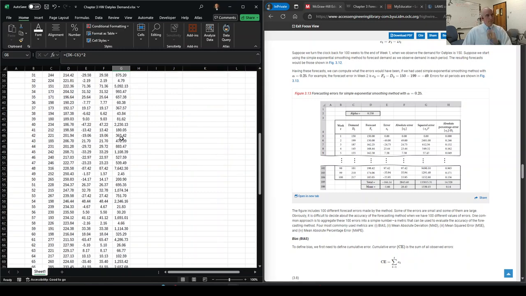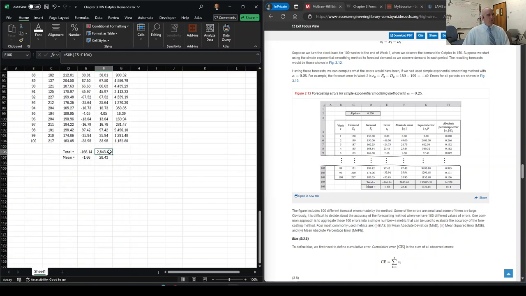So we're looking pretty good. And again, we're going to come down here, total and average it. I've got a total of 133,015.31 as the total squared error. When I average that out, that's 1330.15.